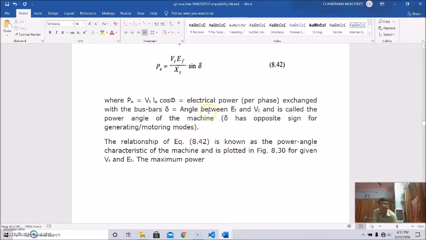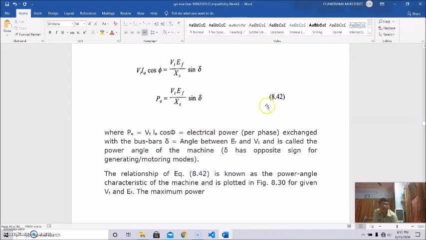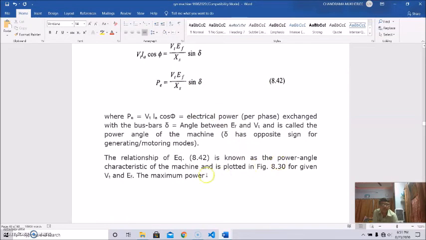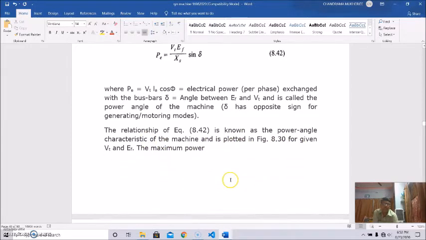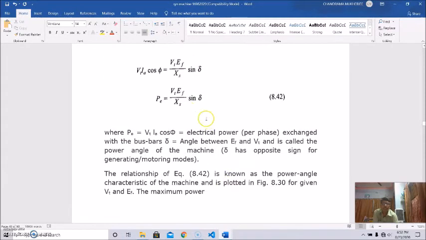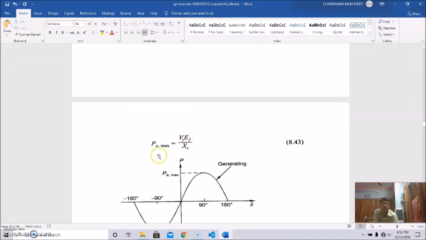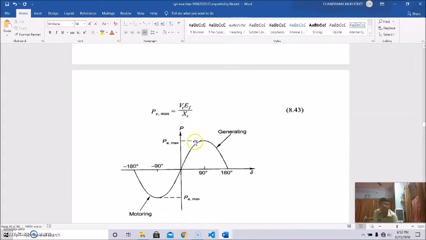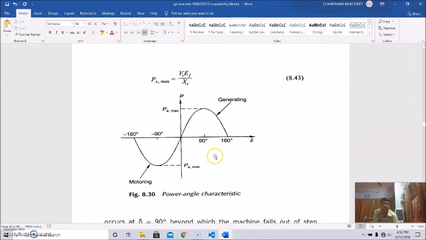The relationship of this equation is known as the power angle characteristic, plotted for given Vt and EF. The maximum power occurs when sine delta equals 1, that is, 90 degrees, so Pmax equals Vt EF by Xs. That is plotted here.